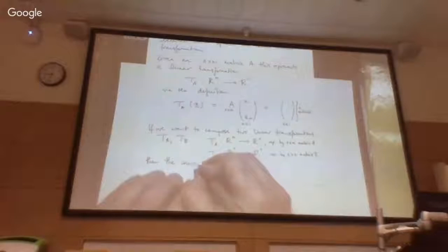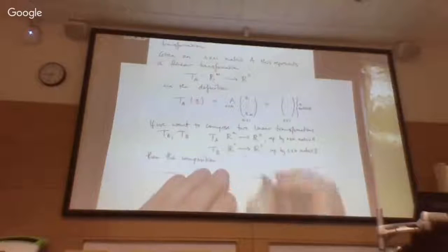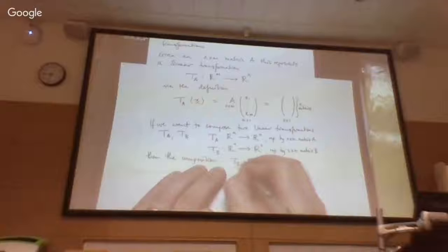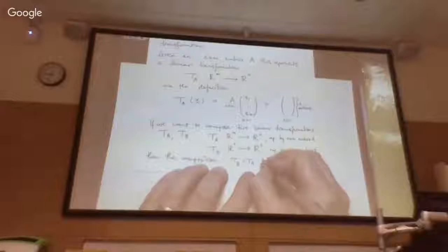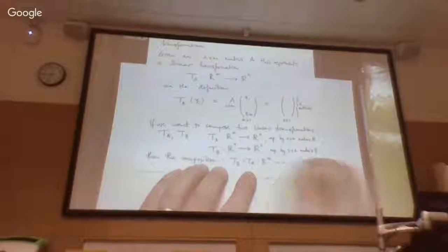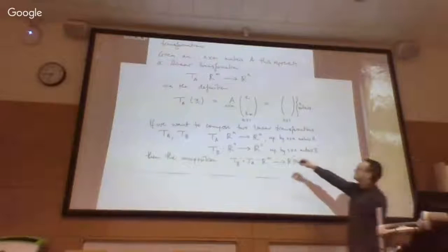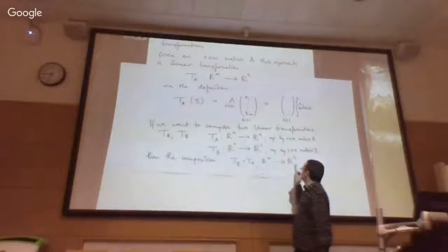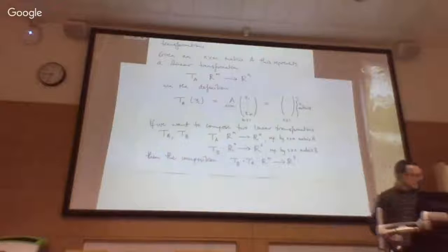Then the composition we can perform here is T_B after T_A. Okay, that goes from Rm to Rs. This T_A takes you from Rm to Rn, T_B takes you from Rn to Rs.